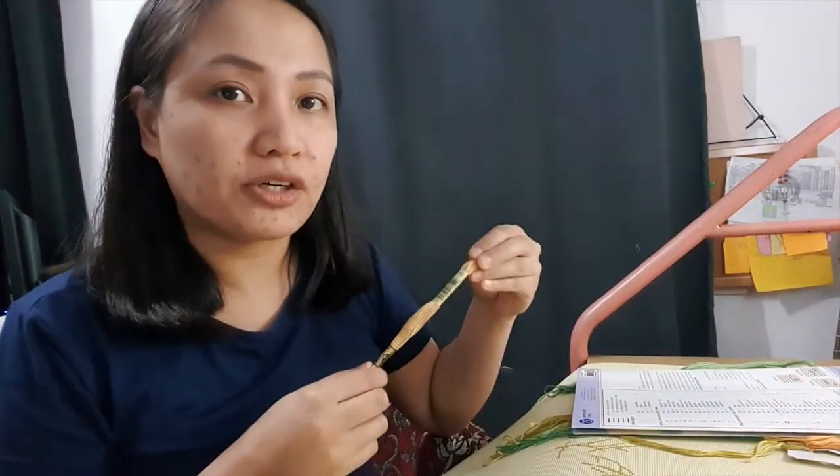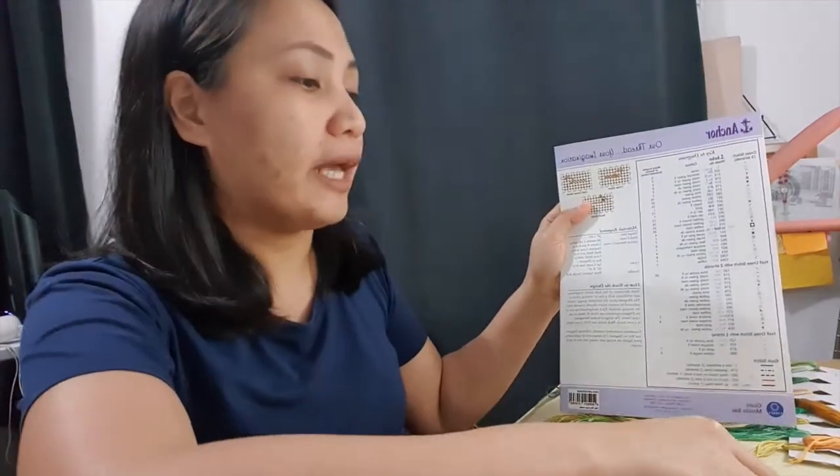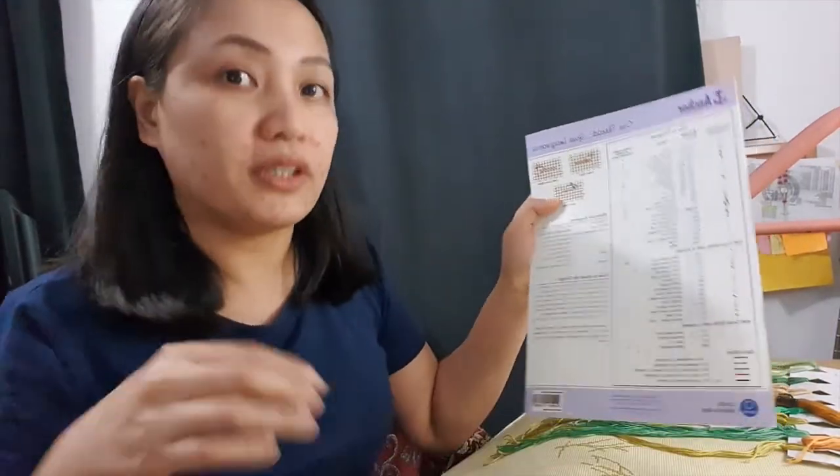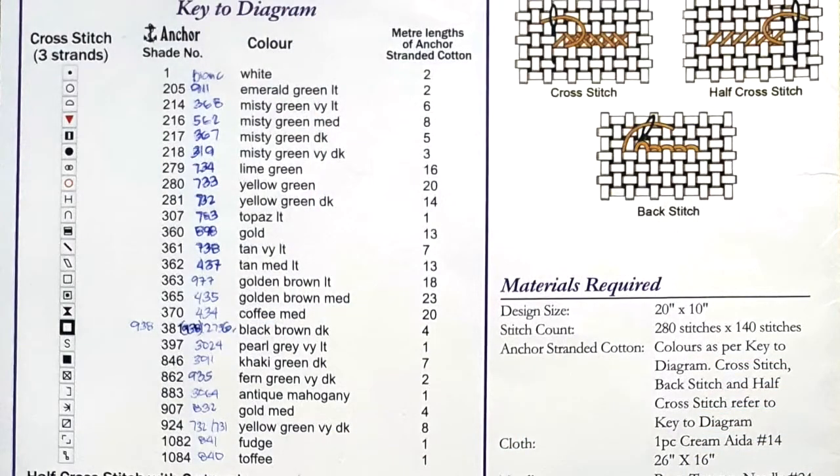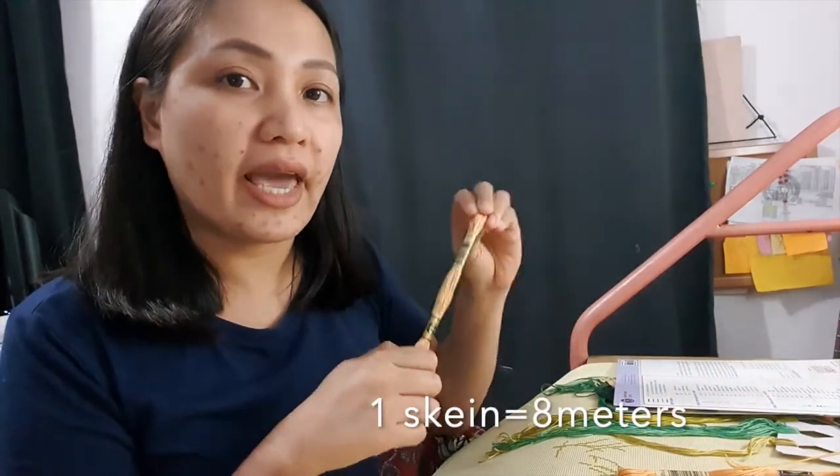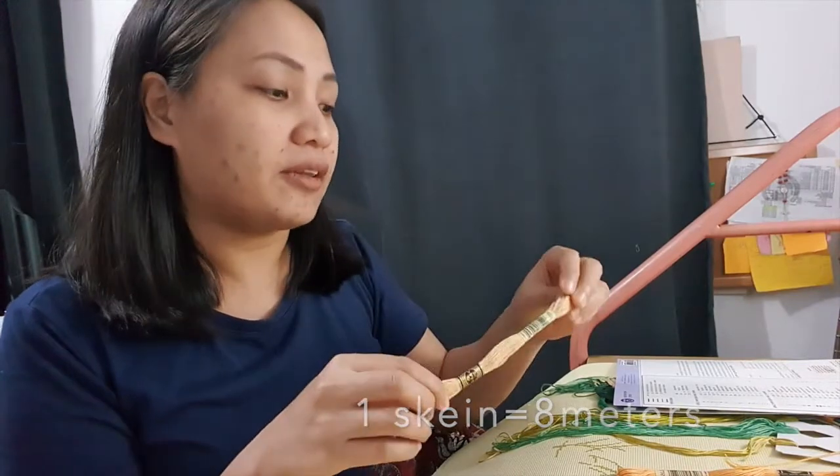When you buy your thread, make sure it has an ample length needed for your design. In this pattern, it indicates that I need 23 meters of thread number 435, and one skein has 8 meters of thread.